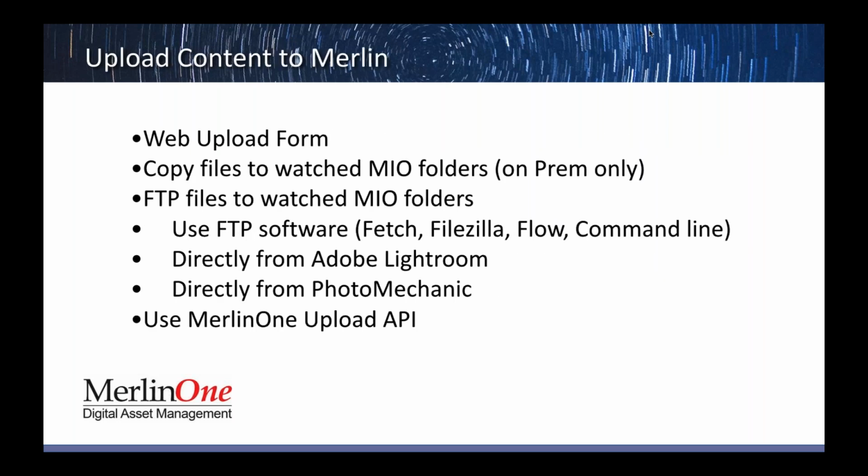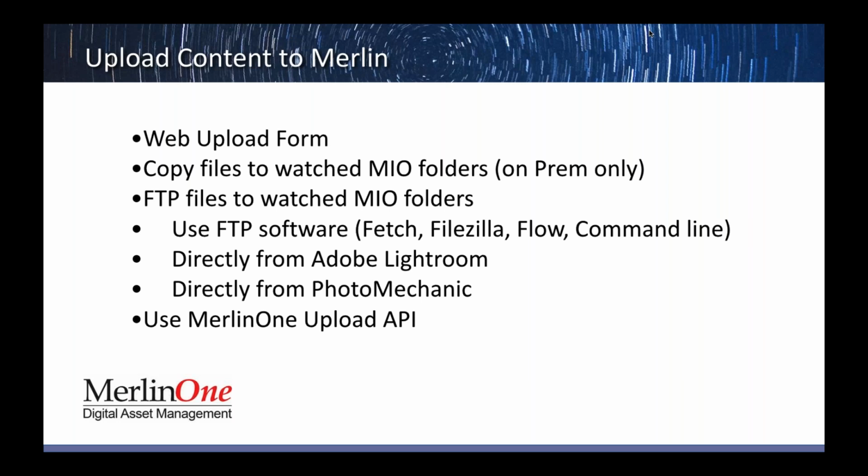So these are the things we're going to talk about today. We're going to talk about lots of different ways to get your content from your local computer into Merlin. And of course, you can do it with the web upload form in the Merlin X web interface. You're probably familiar with that, and we'll talk about that briefly. You can copy files directly to your Merlin if your Merlin is on-premise.